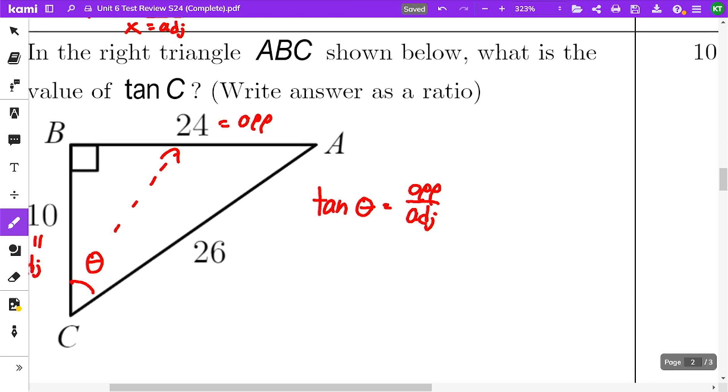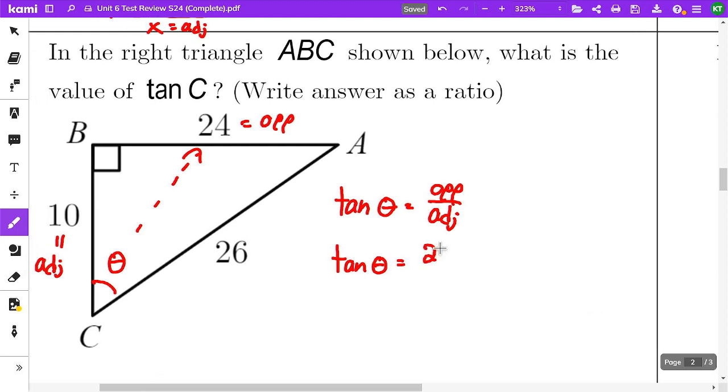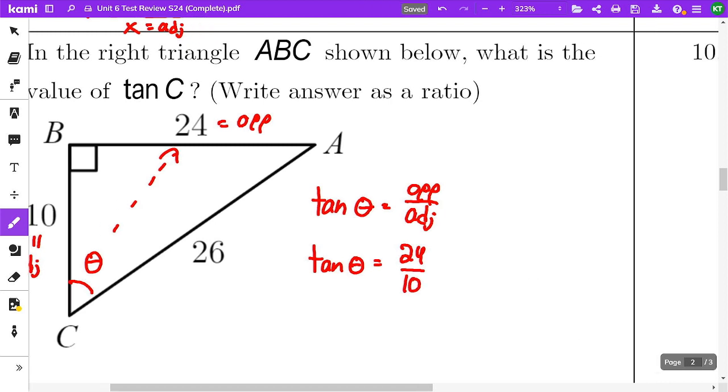So tangent theta is going to be equal to opposite, which is 24, divided by adjacent, which is 10. And I can simplify 24 over 10. 24 over 10 simplifies down to 12 over 5. So essentially, I'm just looking for 12 over 5 here. That's all we have.